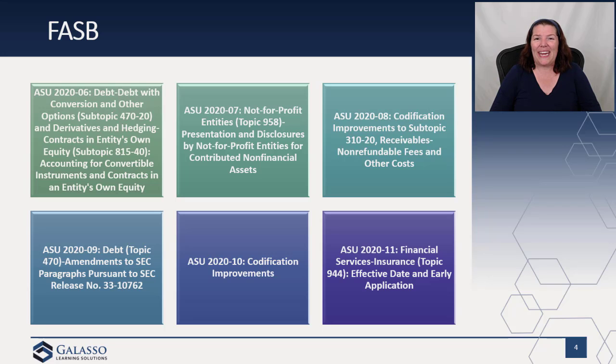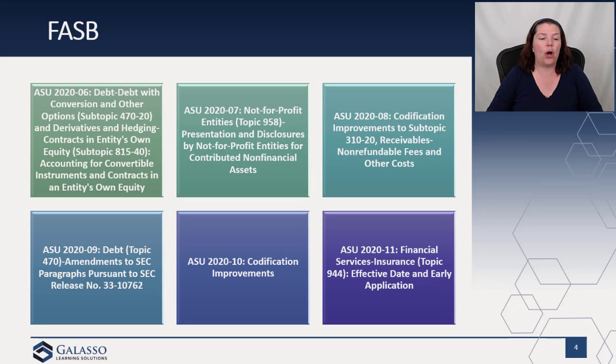ASU 2020-08 is a very narrow change. Basically, what this is doing is clarifying that when you are reevaluating your callable debt, that you would do it each reporting period. This is addressing an issue in ASU 2017-08 for the callable debt. It said you can amortize it to the earliest call period, but the question was on when do we have to do this, and so they give some clarifying guidance there.